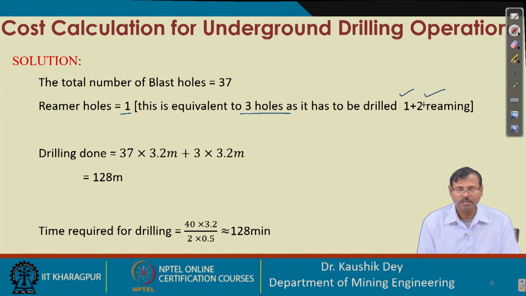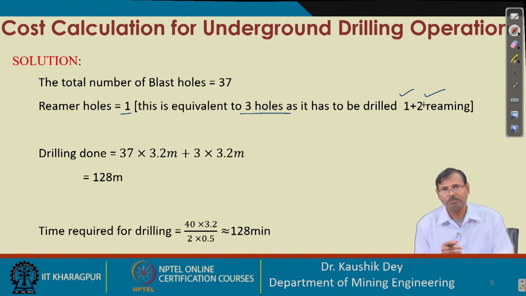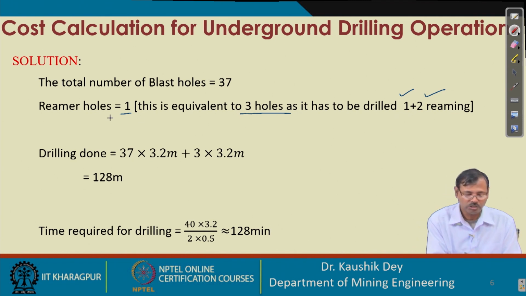In our problem we simplified this: the reaming time may be different from the drilling time, but for simplification we have considered the reaming time to be the same as the drilling time. So basically 1 reamer hole is equivalent to 3 drill holes.